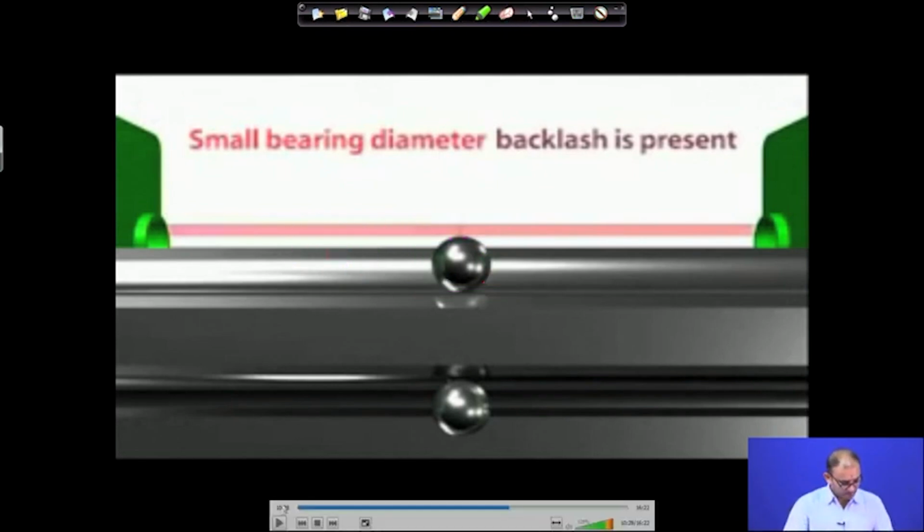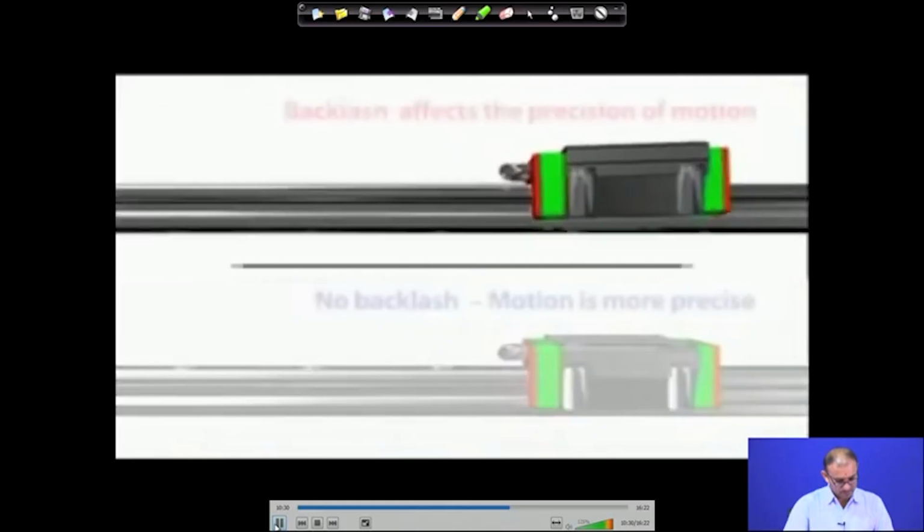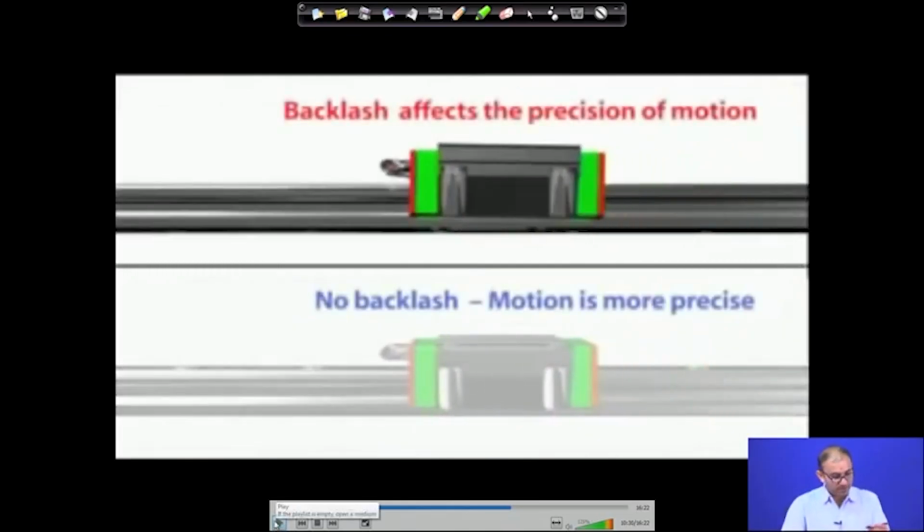Let us see. This is the motion of that part, because now you do not have firm contact between the ball and the roller or that rail, and because of that you are getting some wavy motion instead of a straight line motion.